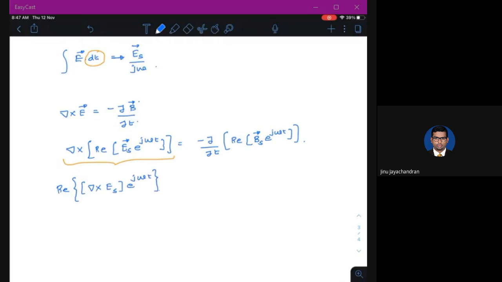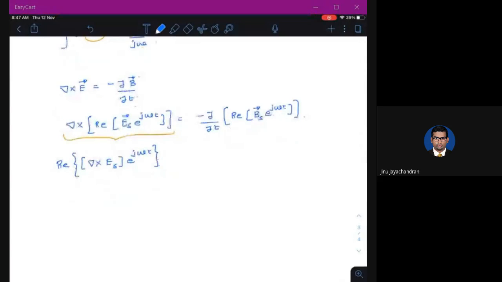Why? Because del is dou by dou x, dou by dou y, dou by dou z, which will affect only the Es, because Es is the space dependent part. And e raised to j omega t is time dependent, because of which the del cross will not have effect on it.